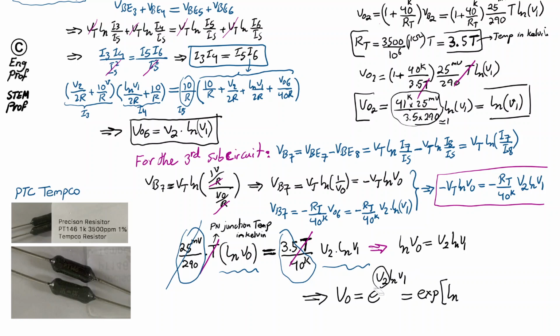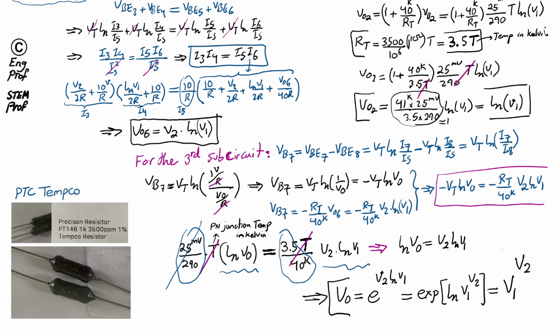That's the property of logarithm. These two functions are inverse of each other, so they cancel out each other, and therefore we get V out at the output of this analog computer.